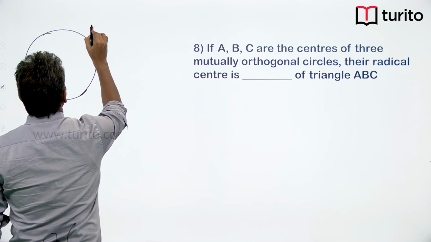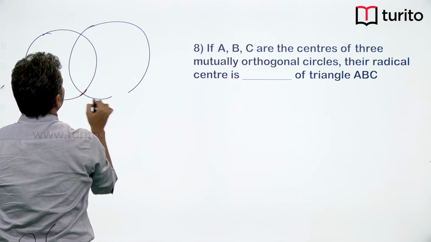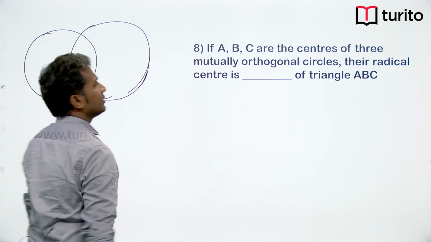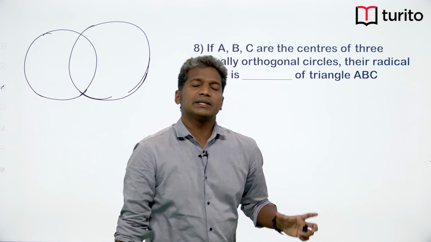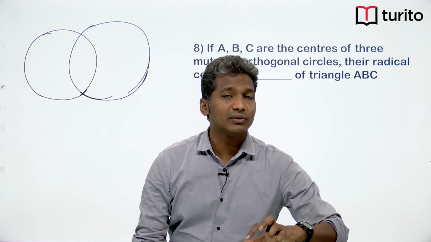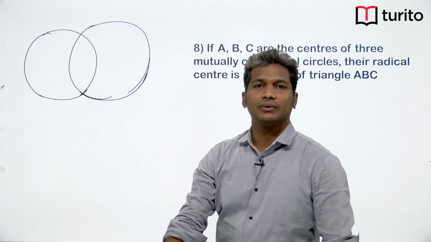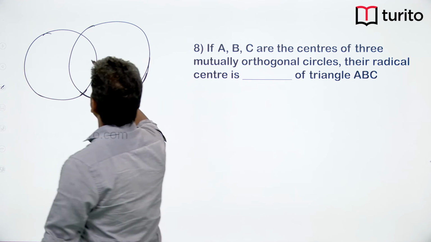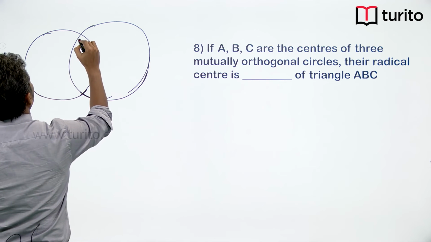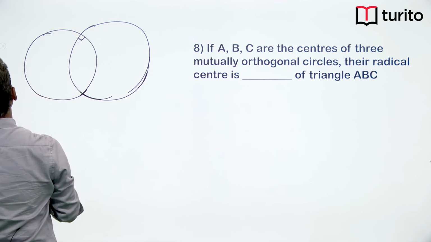One circle here, another circle here. They need not be equal. If it is not mentioned whether they are equal or not equal, then you have to take them as unequal only, not equal. Okay. So, here these two are intersecting at an angle of 90 degrees.